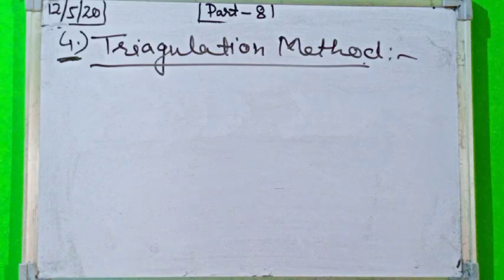You studied in class 9th or class 10th about trigonometry, and in trigonometry you used to find the height of an object on the basis of angle of elevation and angle of depression. The same concept we will apply here in the triangulation method to find the height of an accessible object and the height of an inaccessible object.